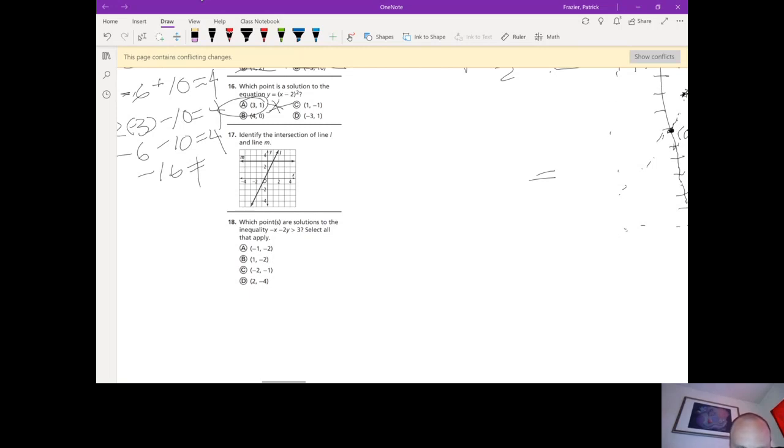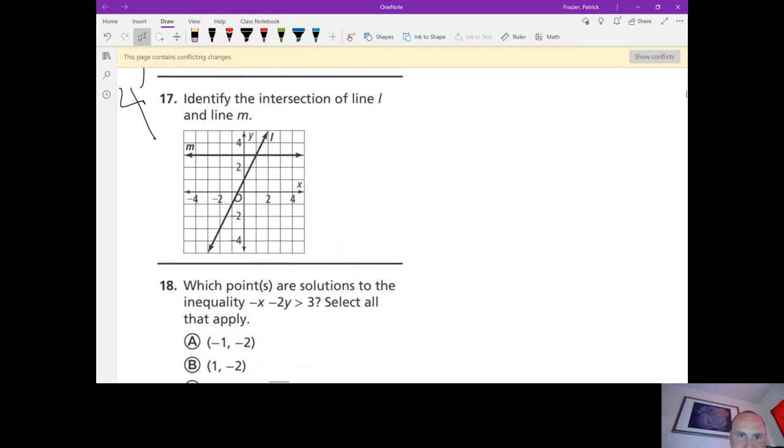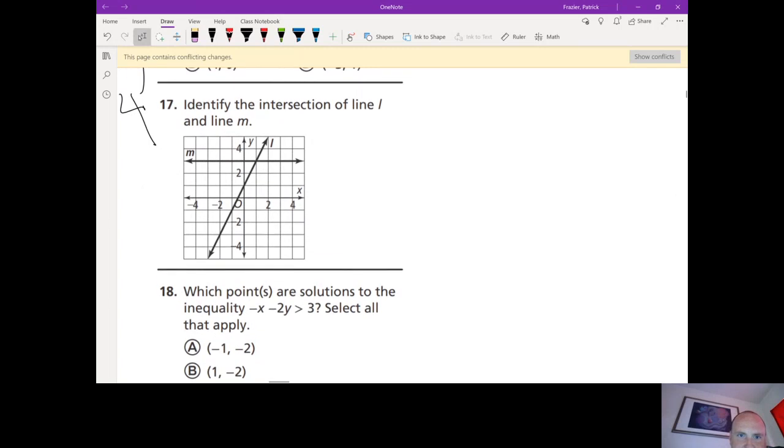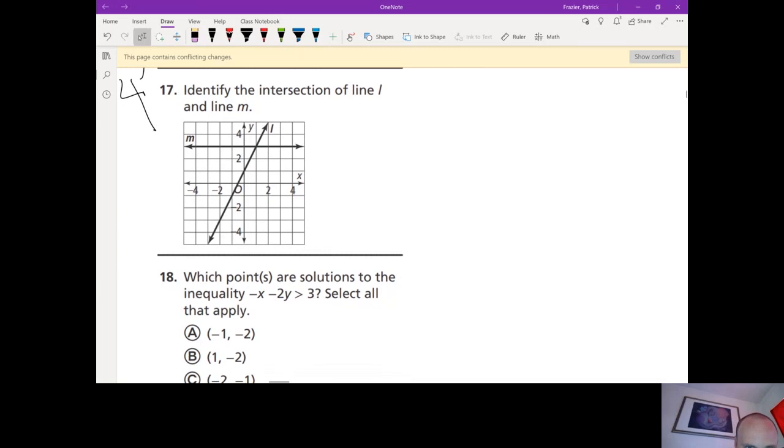17 asks us to identify the intersection of line L and line M. Now, this intersection, again, is an ordered pair. So what is x over here? 1, 2, 3, 4.